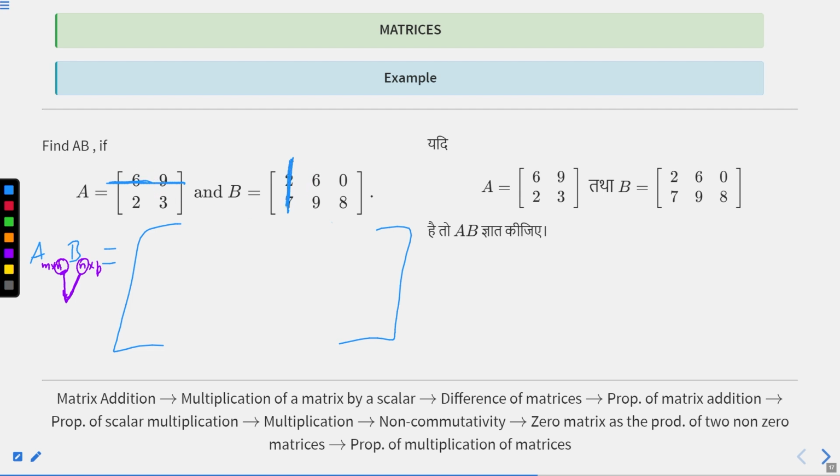Now this will be multiplied with this. So 6 times 2 will give you 12, plus you always add 9 times 7, which gives you 63, and this will give you 75. So your first entry of AB will be 75.